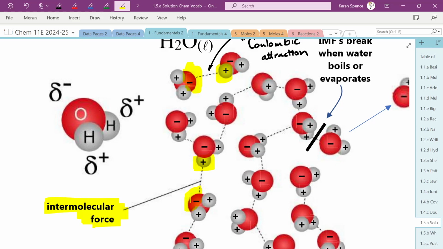Water is attracted to water. Those intermolecular forces between water molecules hold them together. Okay? And if you get them moving fast enough, like say you were to heat it with a hairdryer, what happens to the little particles? They're moving, they're jiggling, they're flowing because it's water. And then what do they do eventually?